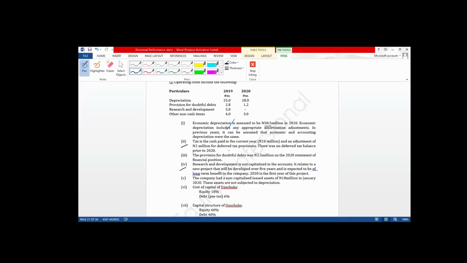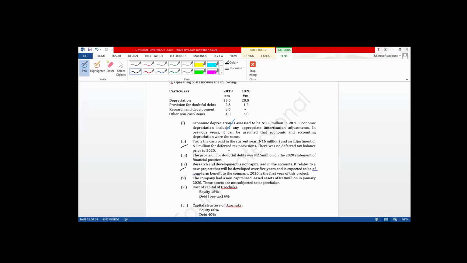That cost of 5 million will be spread for 5 years. The cost was incurred in 2019, but it's for a long-term project. You can't charge that cost as one.